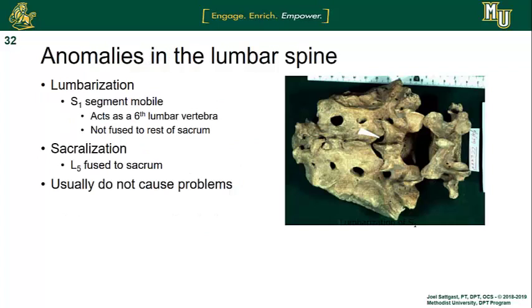There are a wide range of anomalies within the lumbar spine. We'll talk about this more as we move into differential diagnosis, and we'll revisit again as we move into the pelvis and SIJ. But we can see lumbarization, which is what you see here, where the segment of S1 is actually mobile and acts almost as a sixth lumbar vertebra, meaning it's not fused to the rest of the sacrum. We can also see sacralization, which is where the L5 vertebra actually fuses to the sacrum or ankyloses.